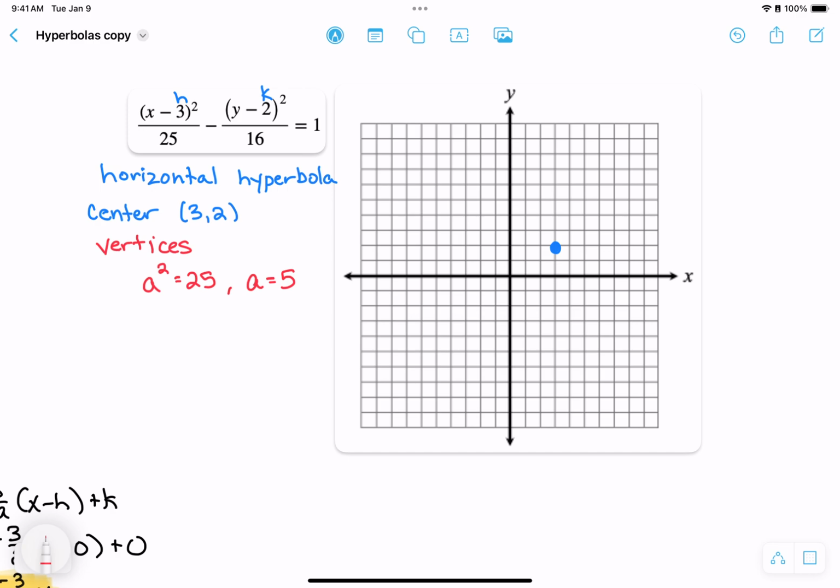Because this is a horizontal hyperbola, I count 5 units left and right from the center. So 1, 2, 3, 4, 5. That point looks like it's 8, 2. And 1, 2, 3, 4, 5 in the other direction is negative 2, 2. So there's our two vertices.